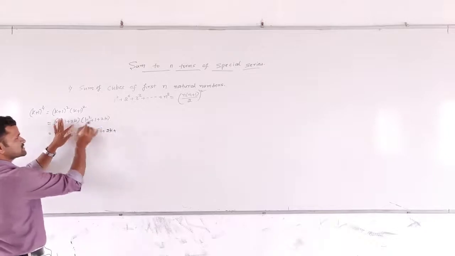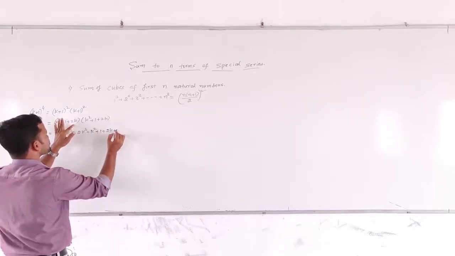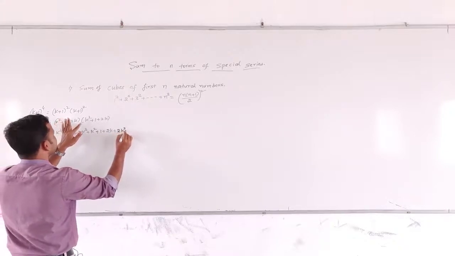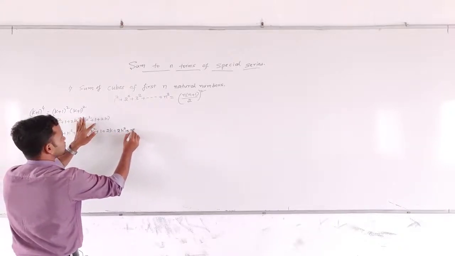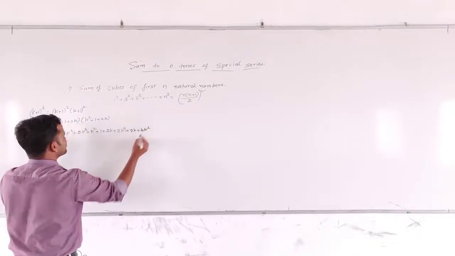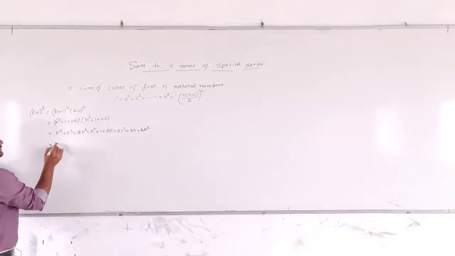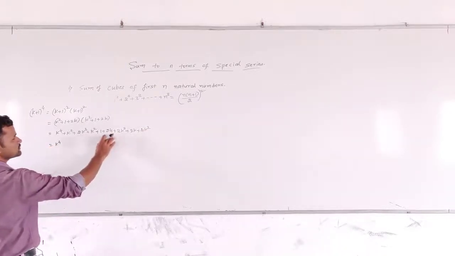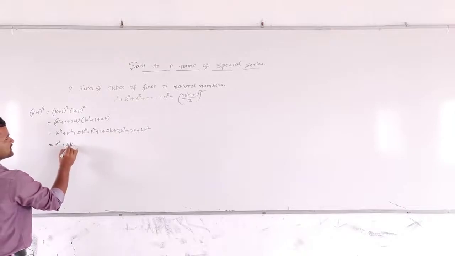Now I am multiplying this 2k with all three terms. 2k into k square is 2k cube, plus 2k into 1 is 2k, plus 2k into 2k is 4k square, which is equal to k raised to 4 as it is, 2k cube plus 2k cube is 4k cube.